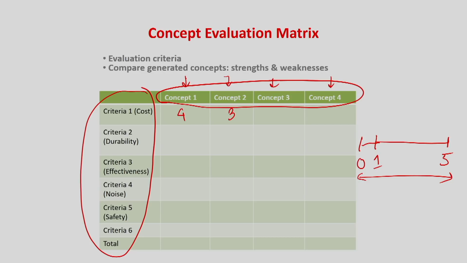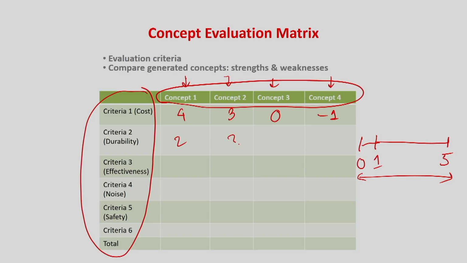So, probably I would give it a 0, and concept 4 is very, very costly. It is exactly the opposite to what we have thought of, and I can give -1 as well, if I feel like, right. Similarly, we provide marks for each one of these criteria across the concepts.